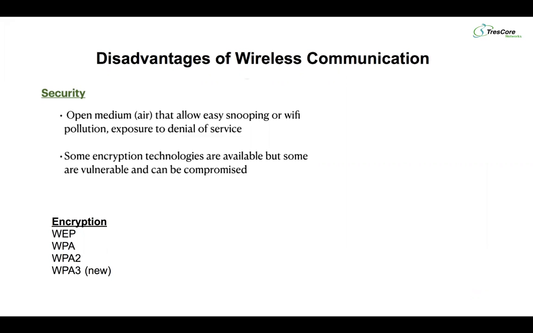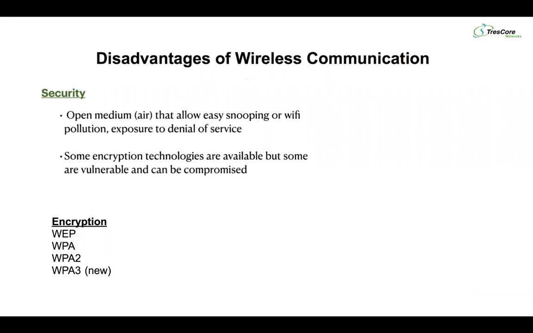WPA also was on RC4, but it had a shared key, where you have a password that you have to have before you can join. But that also was disbanded because it still did not have a better cipher suite.